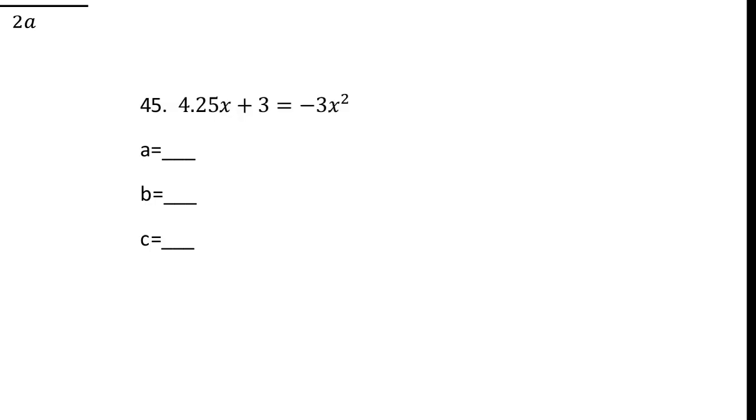Negative 3x squared. Well, not subtract, but we would add it because it's already negative, right? So I want to add 3x squared, which means I want to add 3x squared to the other side. Over here on the left, these are going to cancel out, and that's going to be equal to 0.